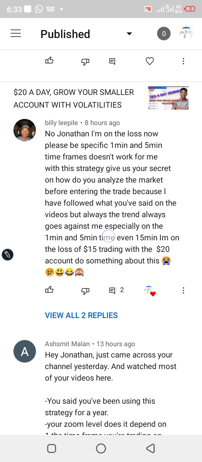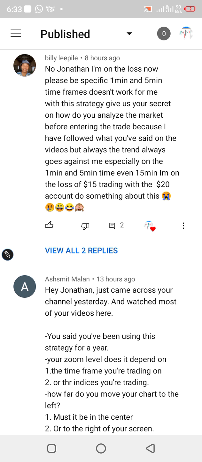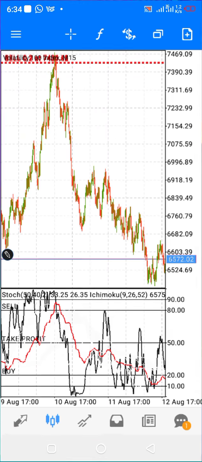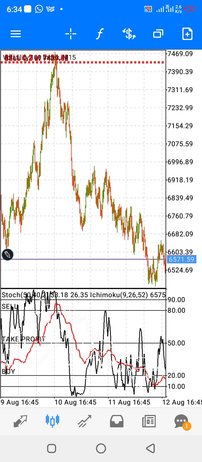She has a $20 account, and she's been trying the 1 minute, 5 minute, and 15 minute time frames, and is now on a loss of $15. And she said, do something about it, which is really funny. But there are a lot of things that go into trading. That is what I want to say.